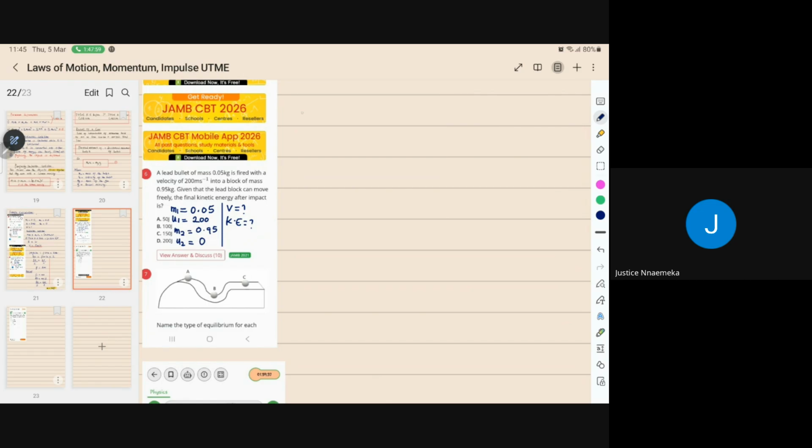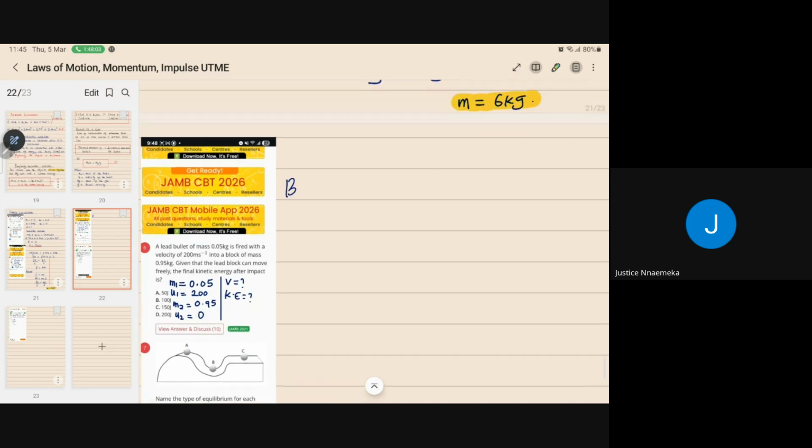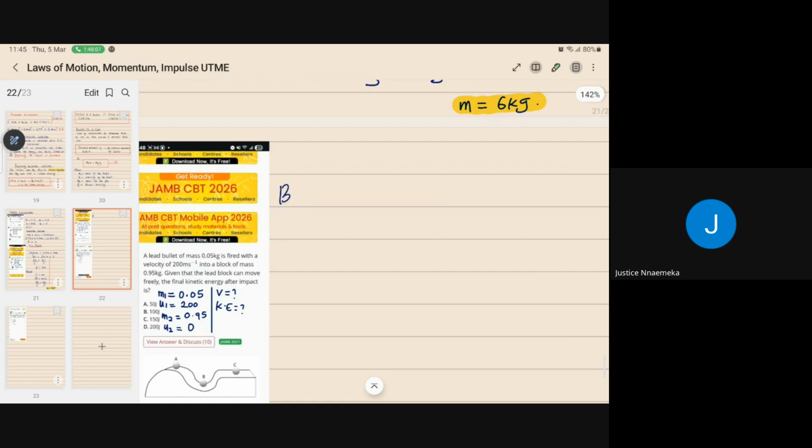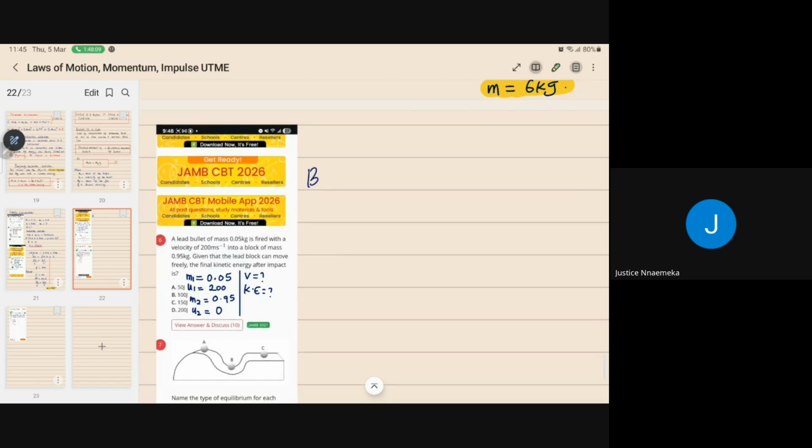Now, before collision, I think it will be fine after jam. We'll have a get together. How do we achieve that? They are giving me thumbs up.